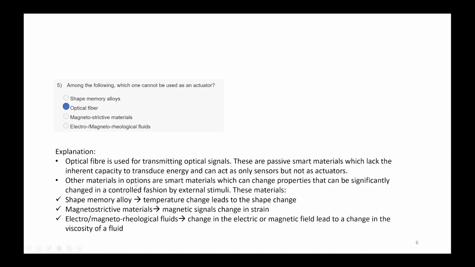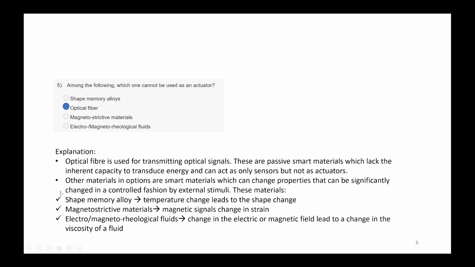The other materials in the options are smart materials: SMAs, magnetostrictive materials and electro-magnetorheological fluids. Their properties can be significantly changed in a controlled fashion by external stimuli.